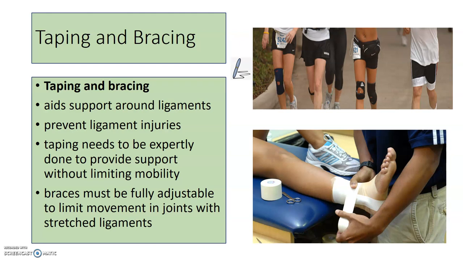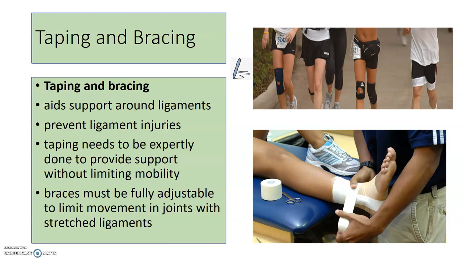Taping, as it says there, needs to be expertly done, so through a physiologist, someone in the medical team who will be able to provide support, but also without limiting the range of movement, without limiting the mobility itself. Braces must be fully adjustable to limit movements in joints with stretched ligaments.